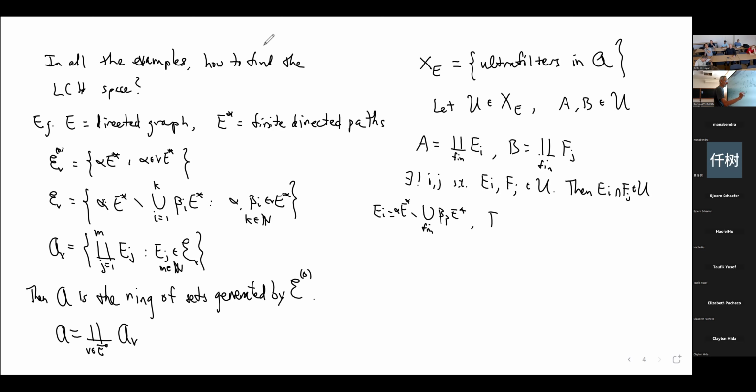Let's write Fj is gamma E star minus, again, a finite union of say delta U. Well, the intersection is non-empty.